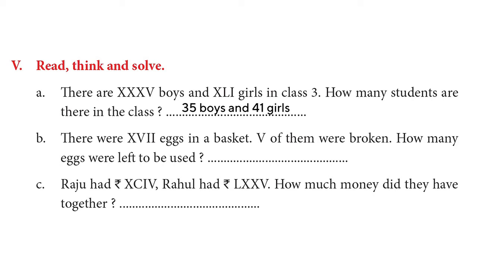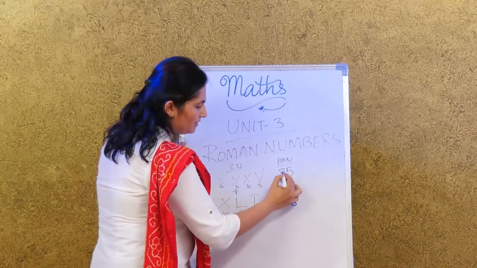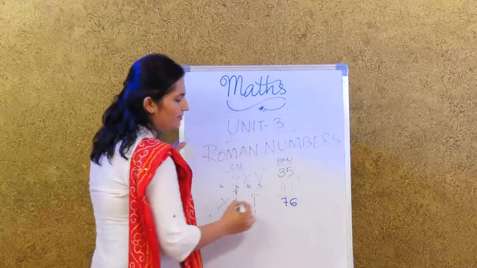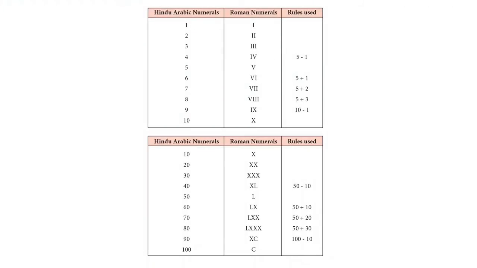So, in our addition we can learn that the answer is 5 plus 1 is 6, 3 plus 4 is 7. So, 76. Now, let us see how to represent 76. So, let us look at the table once more.